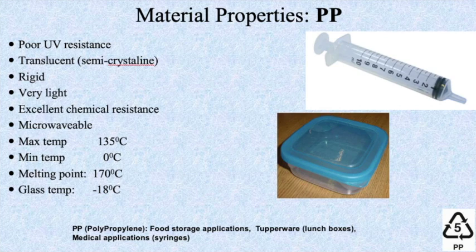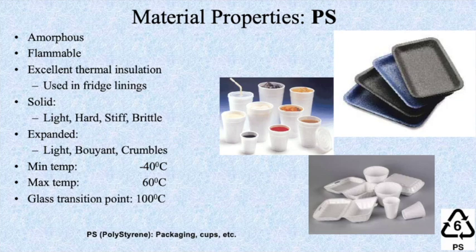Then polypropylene, the Tupperware type of application. Again, suitability in terms of products that you can make out of it because of this property. And this one is part of recycling number 5. Polystyrene, again lightness, irregular arrangement making this type of polymer light.